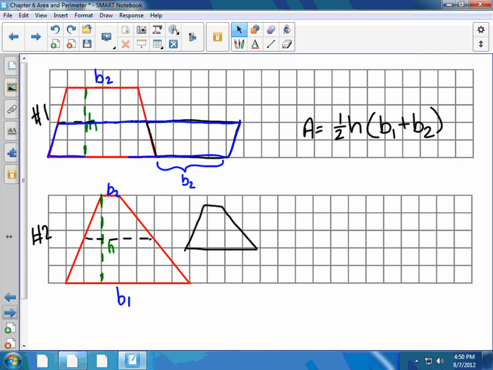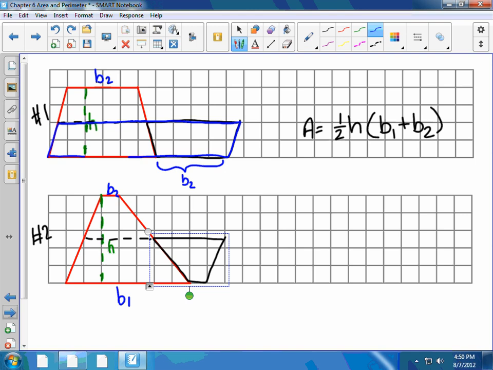I'm going to take it and rotate it and connect it back with the other side. So the area didn't change, it just changed its shape. It didn't change its quantity. We didn't add more area or lose any area. And we get a parallelogram, which we know is area of base times height. And the base of that parallelogram is the sum of the bases of the trapezoid. So base 1 plus base 2. And the height of that parallelogram is half the height of the trapezoid. And there's our formula.